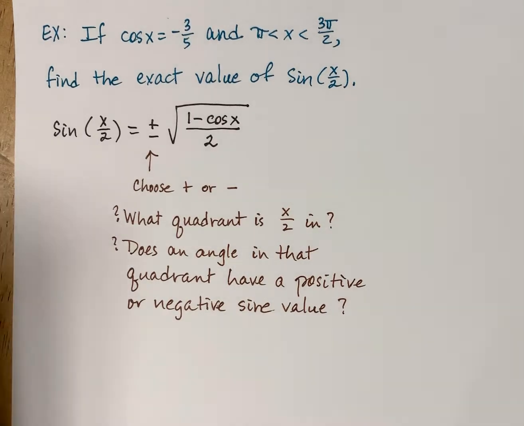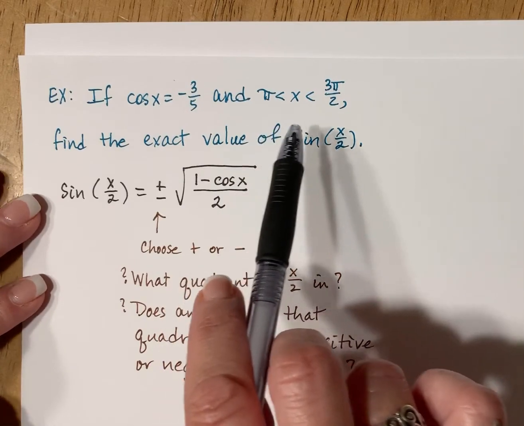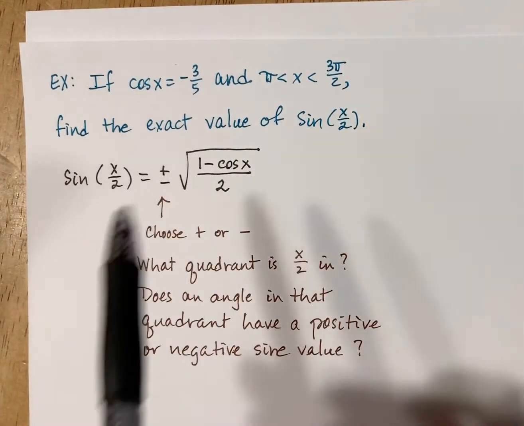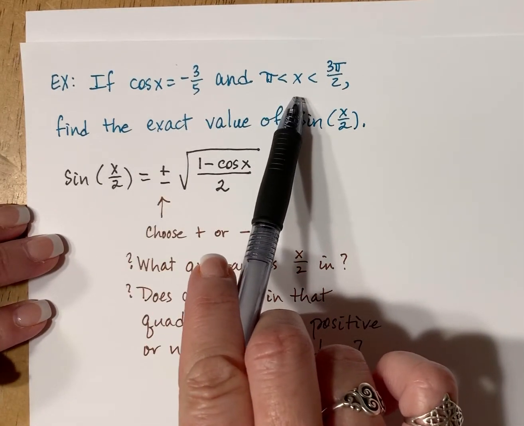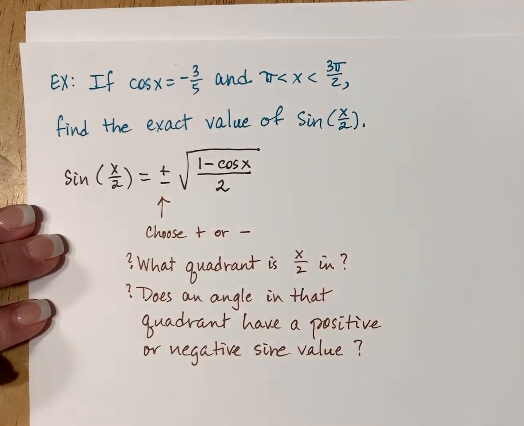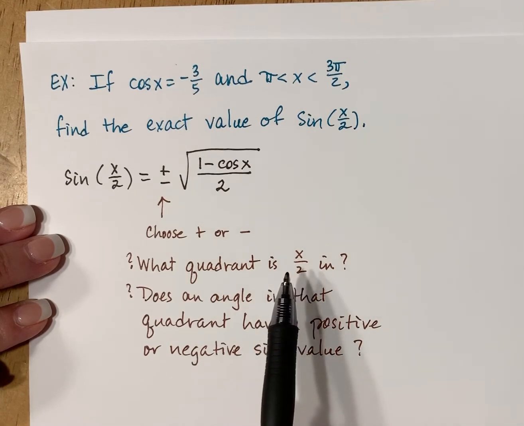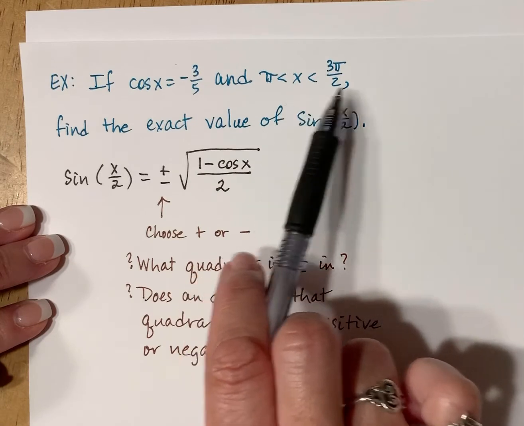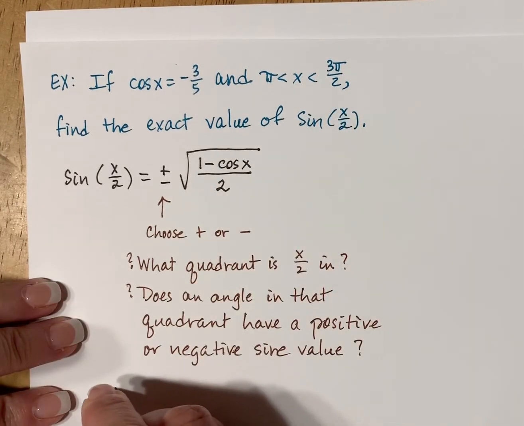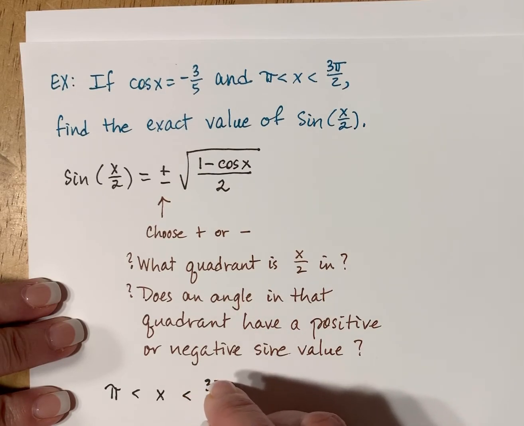Okay, so it didn't say that x over 2 was in any particular quadrant. It says that x is between pi and 3 pi over 2. So that tells you what quadrant x is in, but we need to know x over 2. So there's a little trick that you can do. Take this inequality and write it down: pi is less than x, which is less than 3 pi over 2.